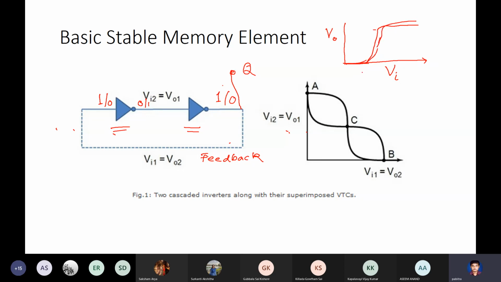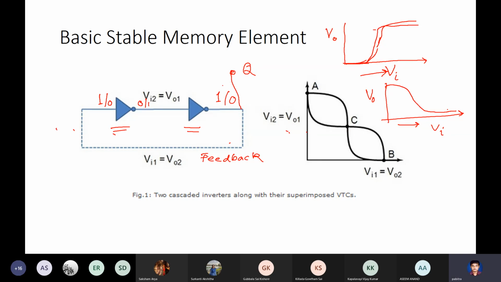As you keep increasing the input voltage, the output will keep on increasing. It's a NOT gate, so sorry, it should be the other way around. As we increase the input voltage, if initially the output was high, it will go down and come to a lower value.